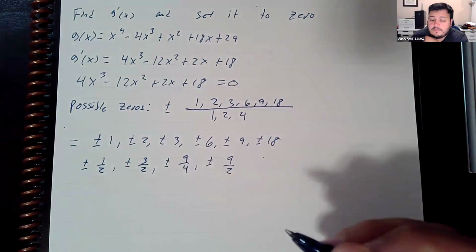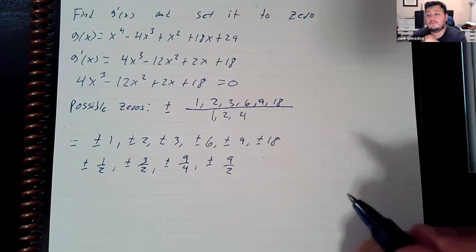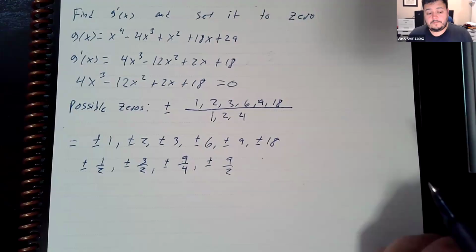Okay, so that's every possible zero. I don't know which one it is, but it could be.